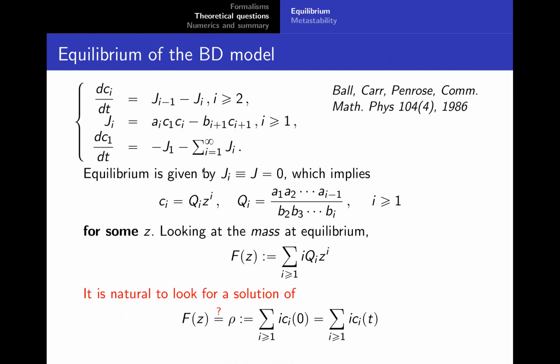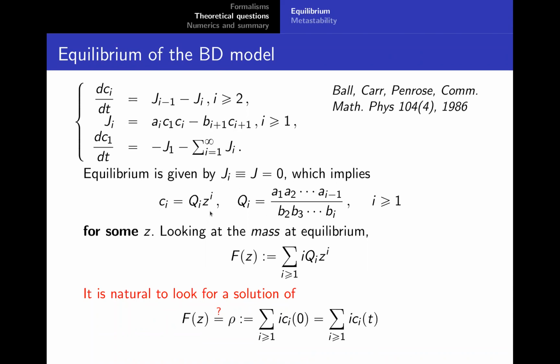Then we ask, what about steady states? The first thing you may do when you look for steady states is look for solutions where the right-hand side is equal to 0. Writing it like this, you quickly realize that all the fluxes have to be equal. And then because of the equation on C1, they actually have to be equal to 0. If you look for a solution that makes all the fluxes 0, you have this family of solutions.